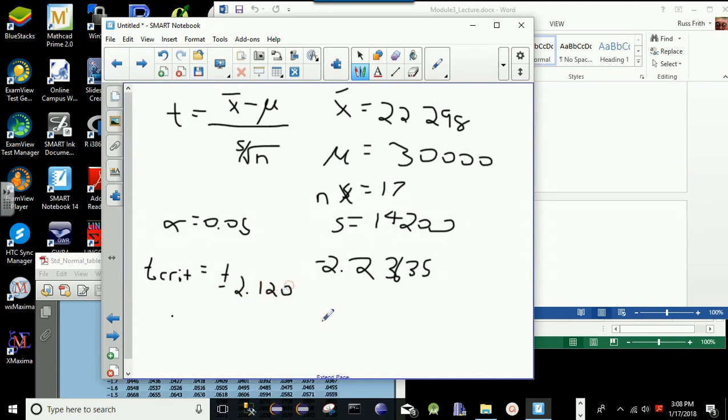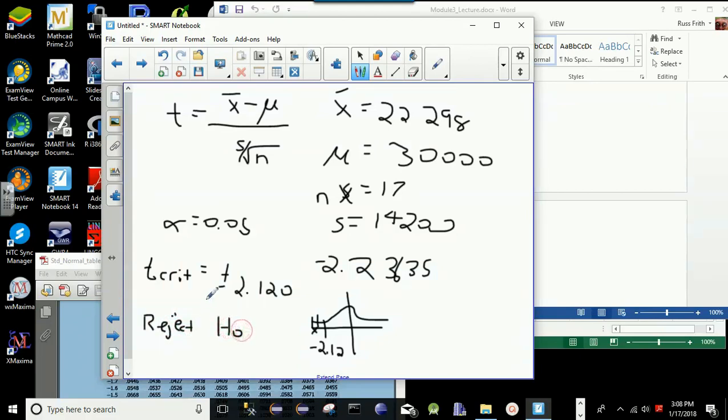Okay. So here's your T distribution. Here is your critical value, and your test statistic is here. So it's to the left of the critical value. So this is in the region where you reject the null hypothesis.